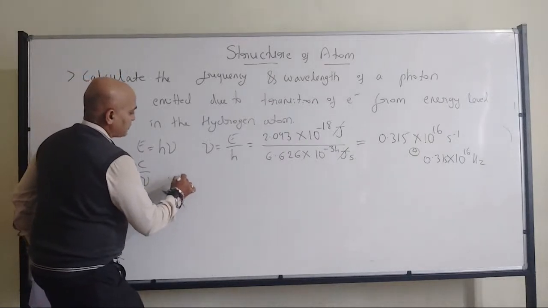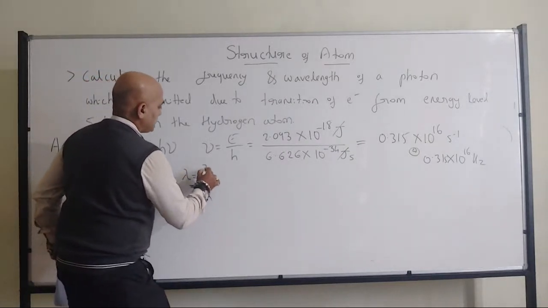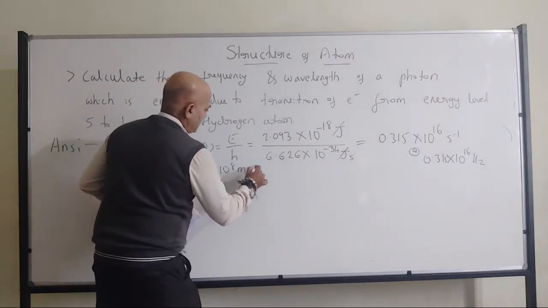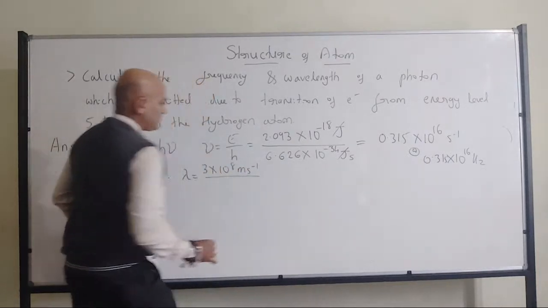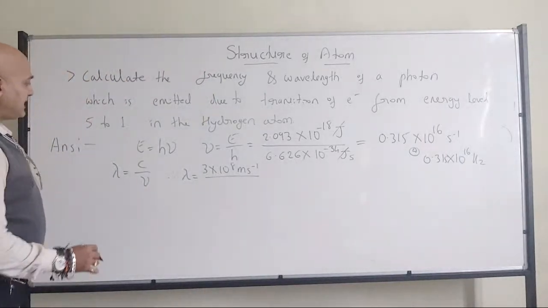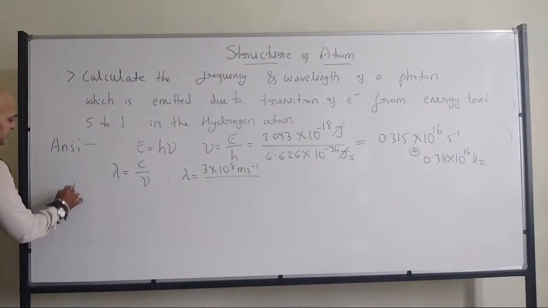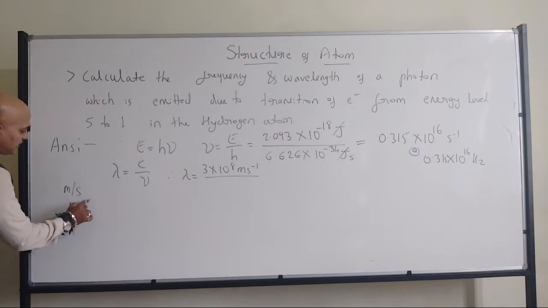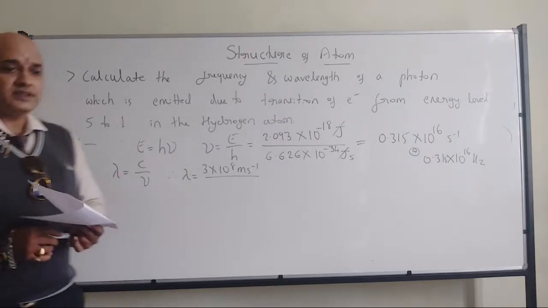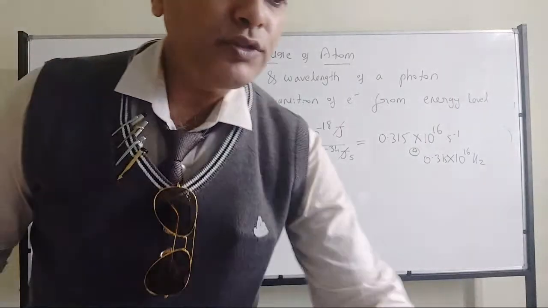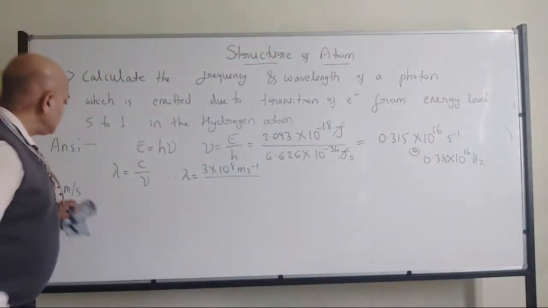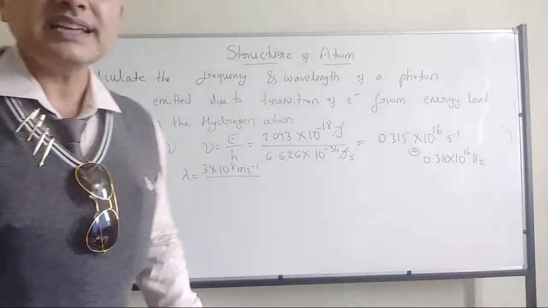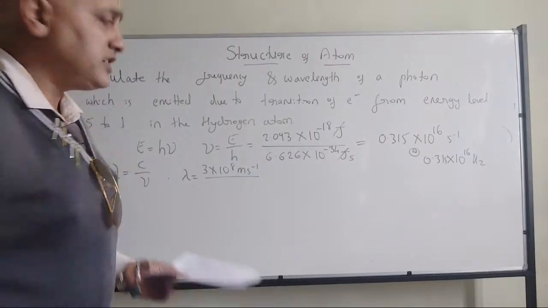So lambda is equal to 3 into 10 to the power of 8 meter per second. Meter per second, like this I can write, or I can write it with a power of minus 1, all the same. To the power of minus 1 means it is divided by only. All of you have understood?